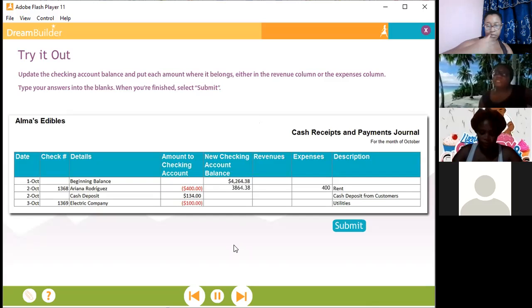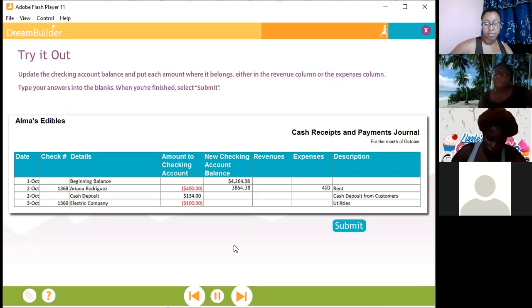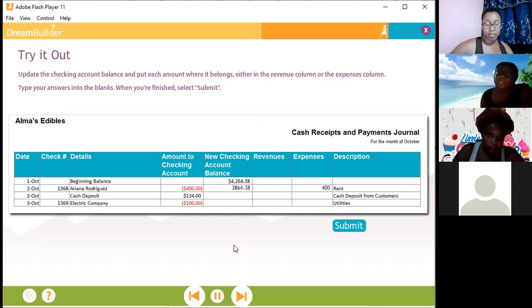The next transaction is to add the $134 to the 3,864.38 and place the 134 into revenue.